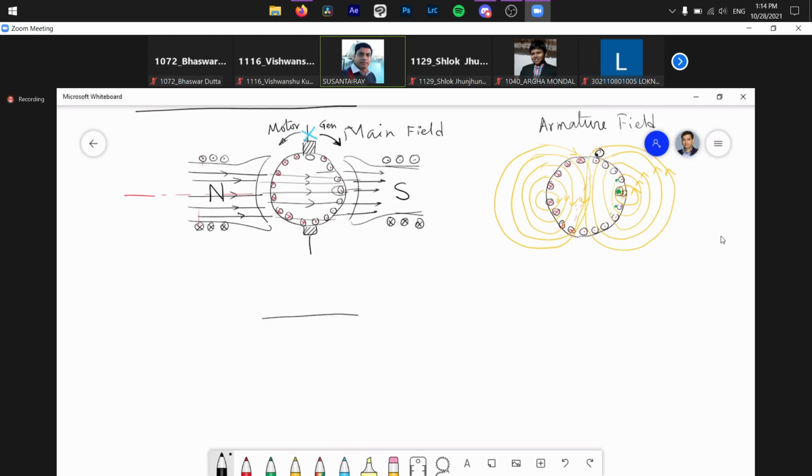We have a North Pole and then a South Pole. Sorry, if we rotate in the clockwise direction, first we'll experience the South Pole, then the North Pole. Okay, got my point? Suppose I am cutting here, moving in the clockwise direction. First I will face the South Pole, then I will face the North Pole, isn't it?